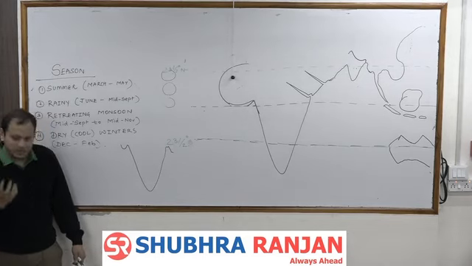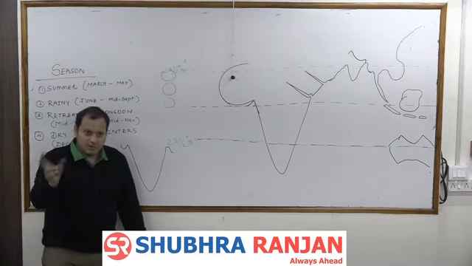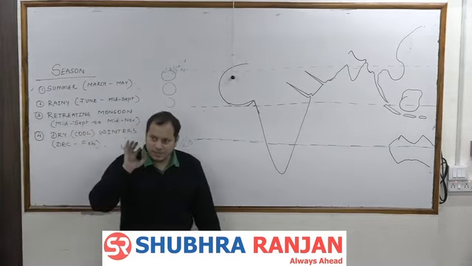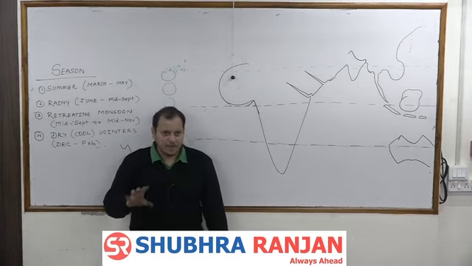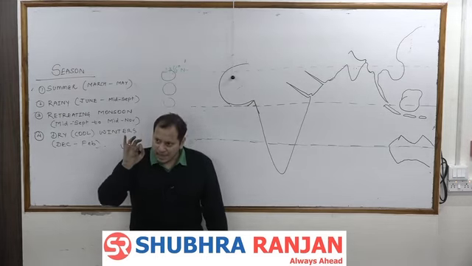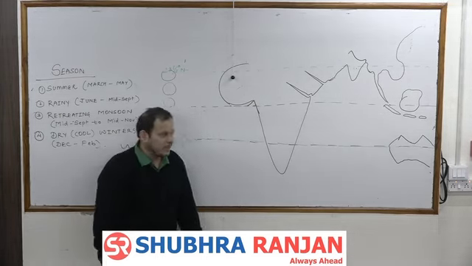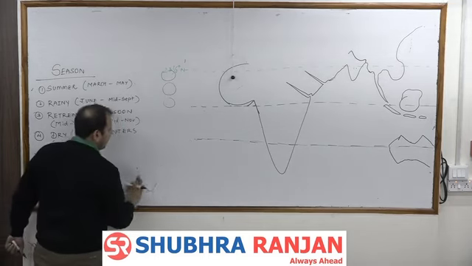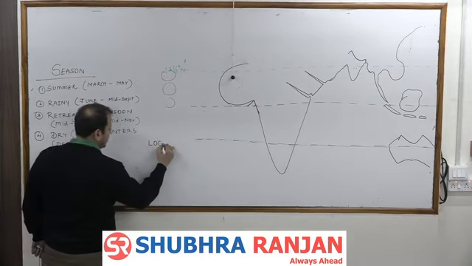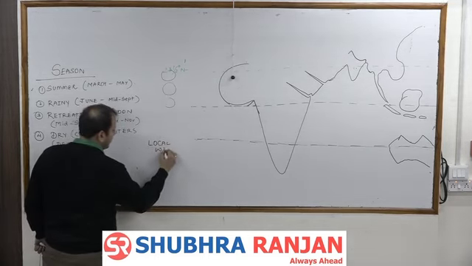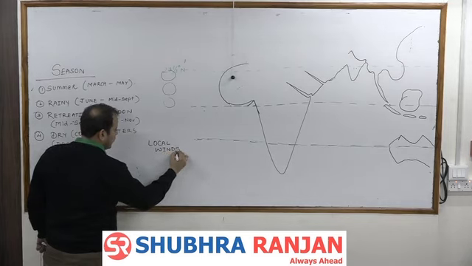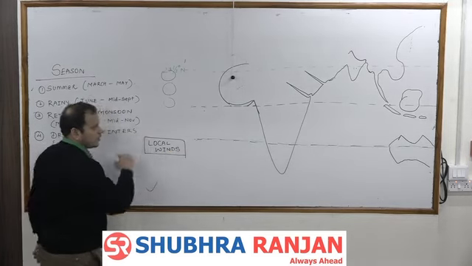As the low pressure zone is not fully established, we do not have very strong wind system over India. And hence, if there are any winds which are present over India, they are in the form of local winds. How are these local winds?